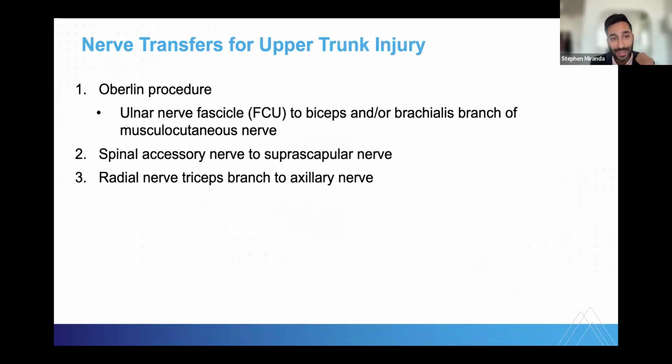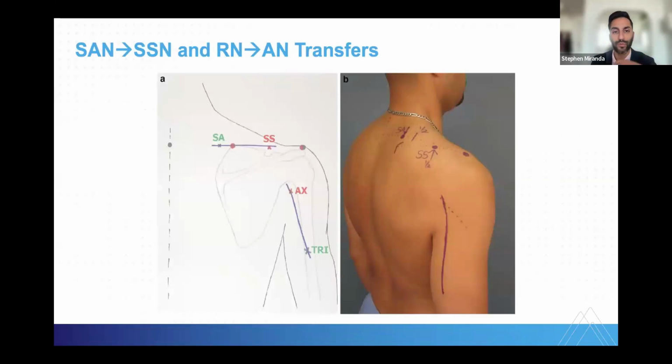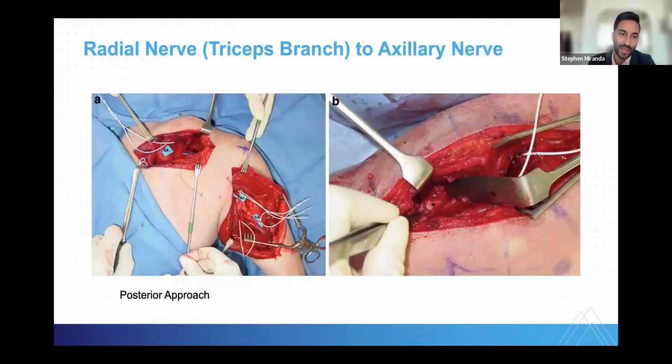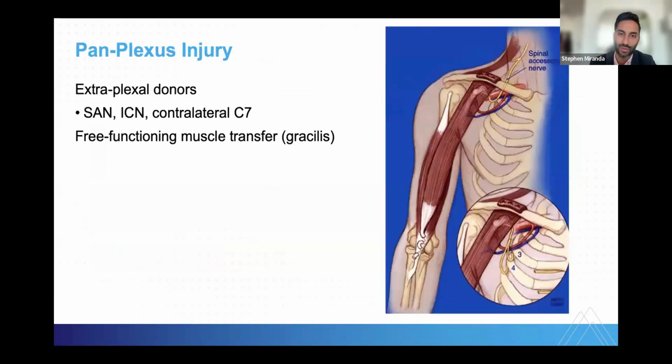For patients who have brachial plexus injuries, meaning that they have multiple deficits in the upper extremity due to injuries of the brachial plexus, we have multiple nerve transfer options to stabilize the shoulder and also help with triceps function. This is an example of that from the posterior approach, taking one of the triceps branches of the radial nerve to help with shoulder abduction, the axillary nerve, and then also using spinal accessory to stabilize the shoulder there.